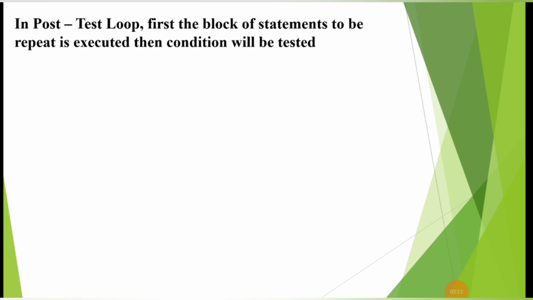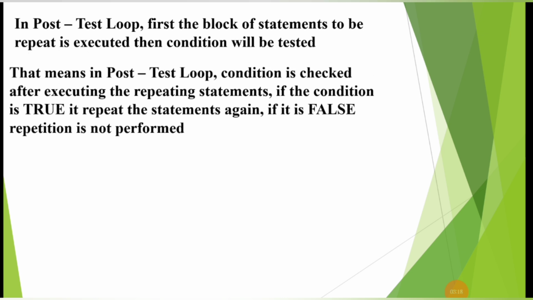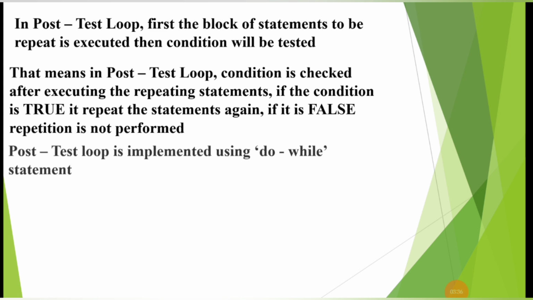That means the condition is checked after executing the repeating statements. If the condition is true, it repeats the statements again. If the condition is false, the repetition is not performed. A post-test loop is implemented using a do-while statement.